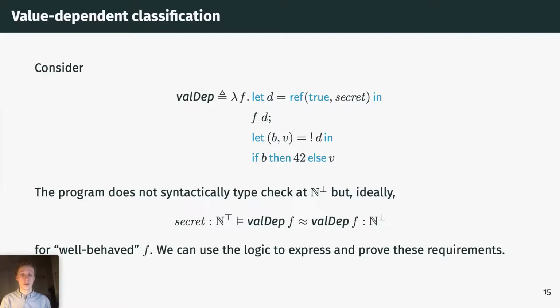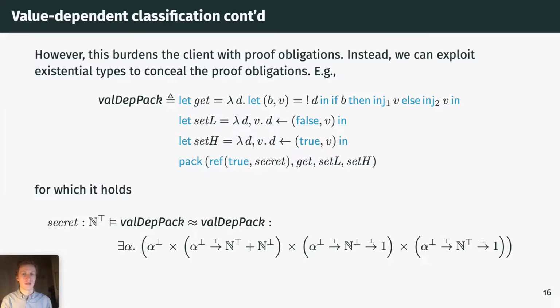Crucially, we can use the logic, the Aarhus logic, to both express this requirement and prove this concrete example, and we can use the logic to prove that arbitrary f might satisfy the requirements. One caveat with this example, though, is that for any f that we might want to invoke this construct with, we will have to prove something about it. This burdens the client of this function with proof propagation.